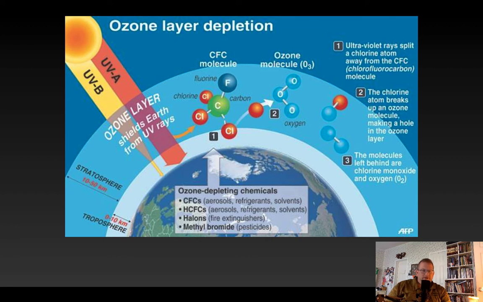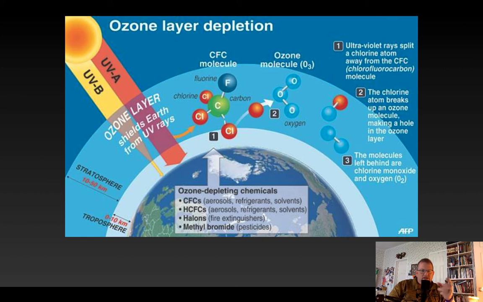The problem is that ozone breaks down very easily, and how it breaks down is like this. You have a CFC molecule. Now, what's that? Well, the specifics on the screen there, CFC is 3 chlorine atoms, a carbon, and a fluorine atom. That makes up a CFC molecule. Well, what is that?